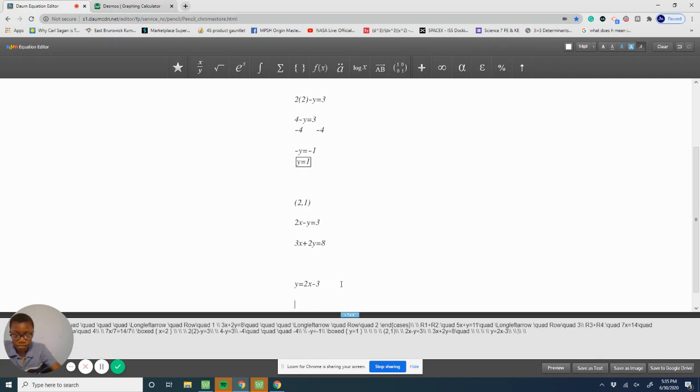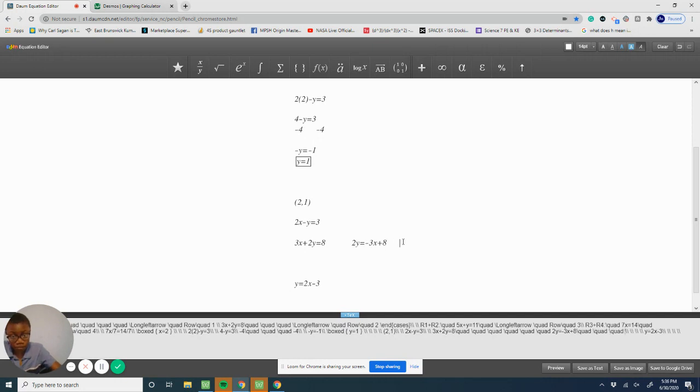Okay. And the same thing for this one, right? We're going to subtract 3x from both sides. That gets us 2y equals -3x plus 8, right?